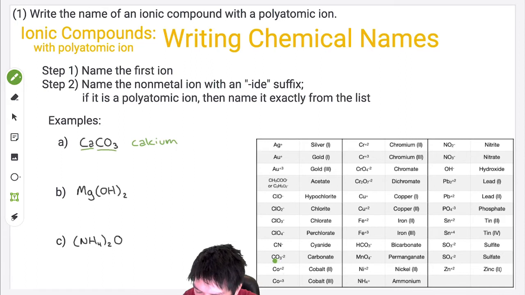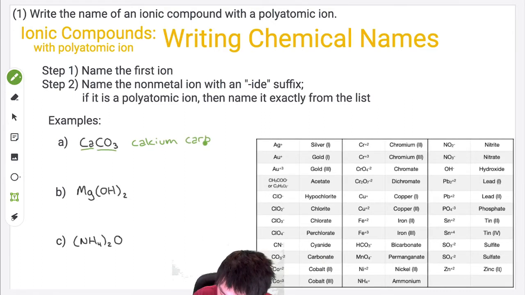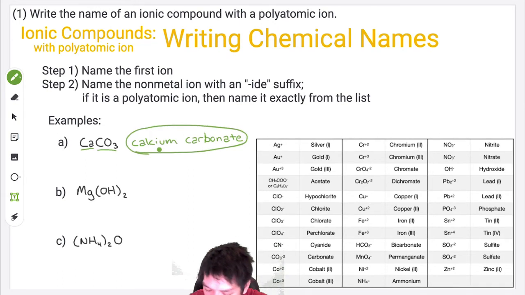We're looking for CO3 and the 3 is a subscript, right? Now CO3 has a negative 2 charge, but that doesn't matter. CO3 is called carbonate. So we're going to write carbonate. So this second ion is a polyatomic ion called carbonate. And that would be it. We just name it exactly the way it's spelled on the table right here.